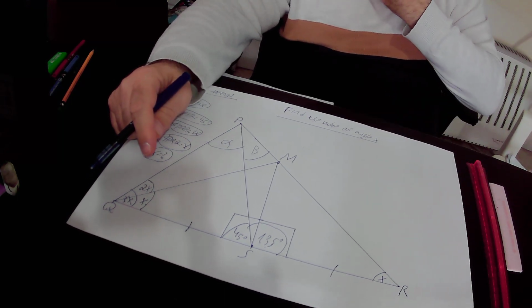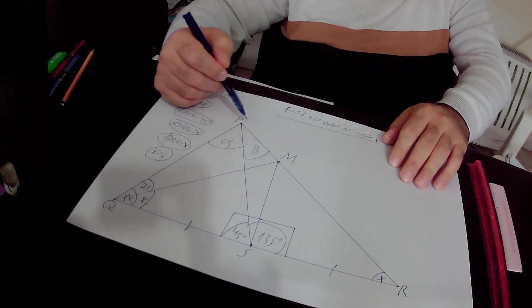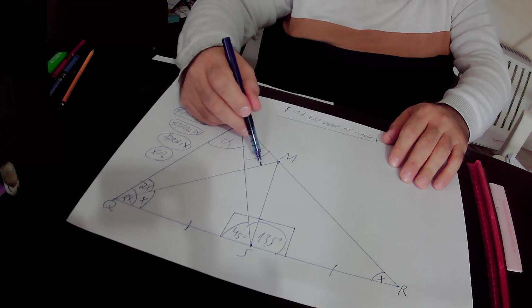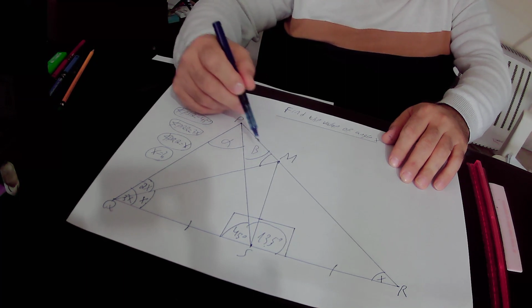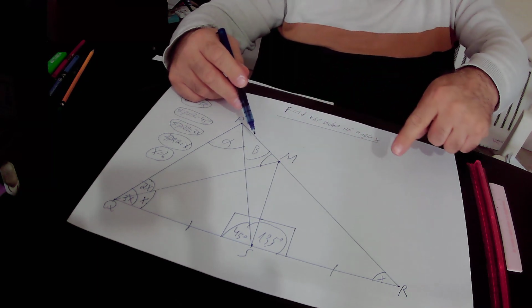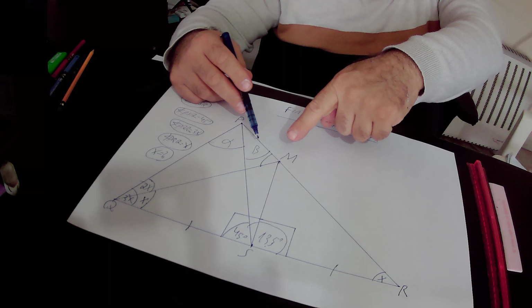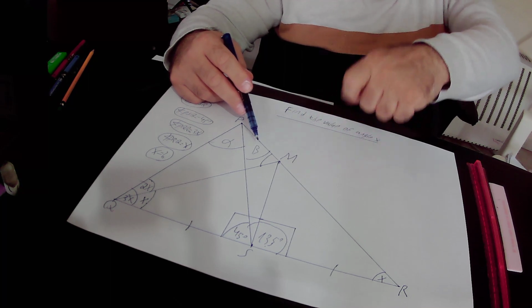And this angle, angle QMP, is defined as an exterior angle of triangle QMR because it is located outside triangle QMR, so it is the exterior angle of triangle QMR.